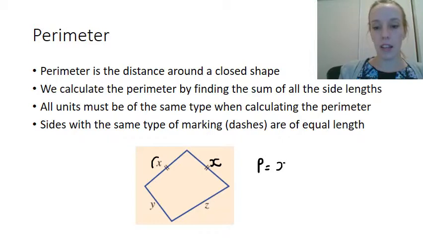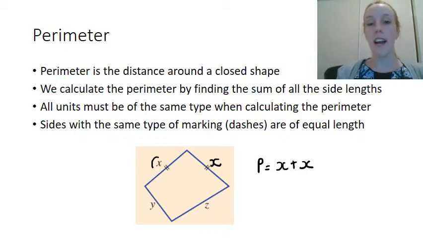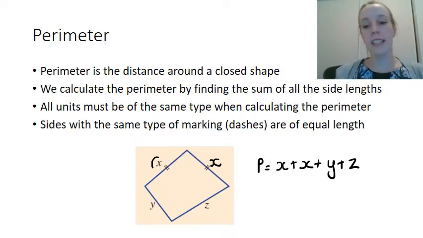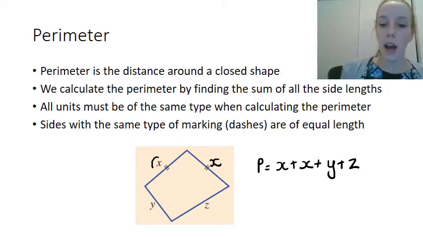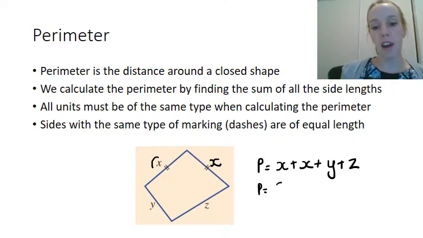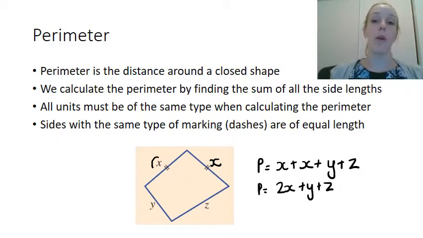So we do X plus X, because that side also has the same two dashes, which means it's the same length, plus Y plus Z. We're adding up all the sides together, and that will give us our perimeter. For this one, the best we can do is simplify that, so it's going to be 2x plus y plus z would be the perimeter of the shape below there.